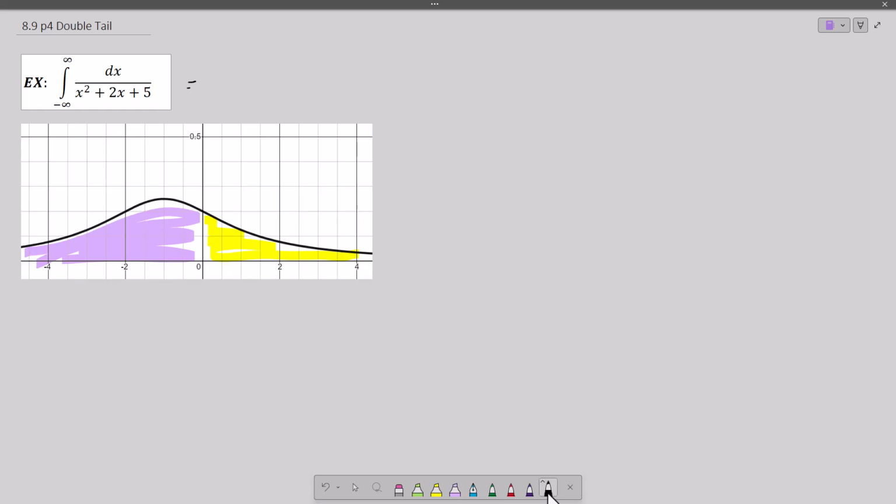So 1 improper integral becomes 2 improper integrals, and then we have 2 limits. So we're going to make this negative infinity to 0 of this. Is that quantity factorable? And then 0 to infinity.